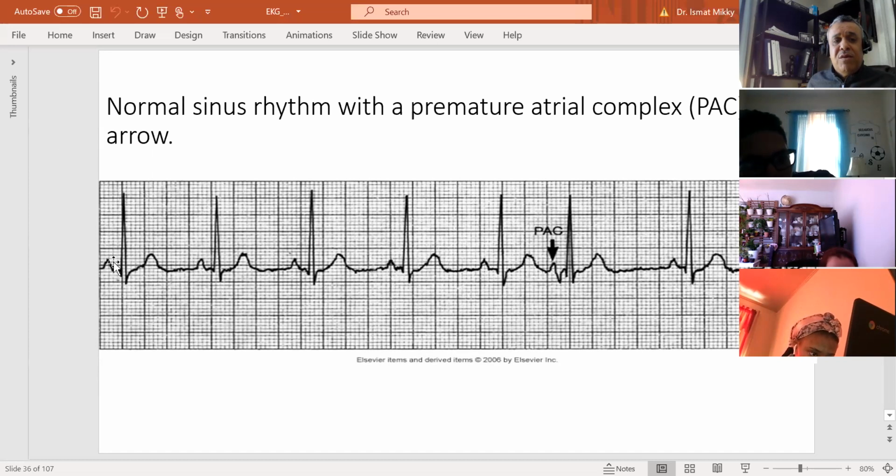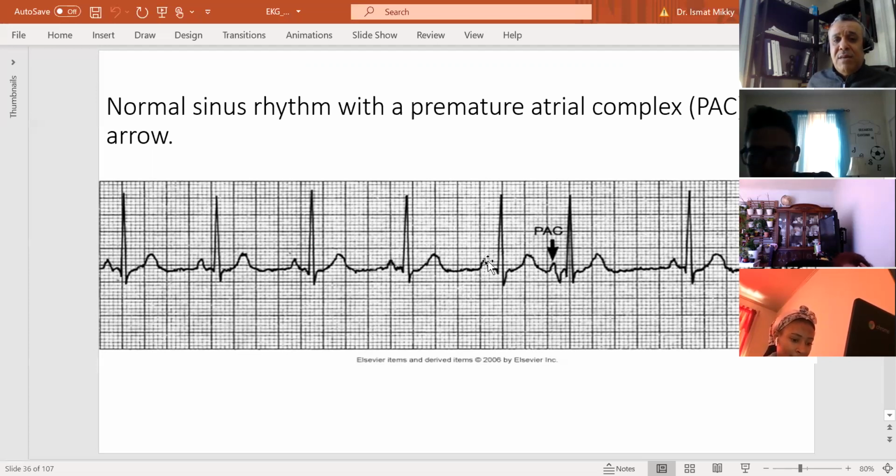Then, P wave to P wave, we have a little more than 4 large boxes. Same thing, from this one to the next P wave, about 4 large boxes. Or in other words, about 20 small ones. From this P wave to the next one, same distance, and then same distance.